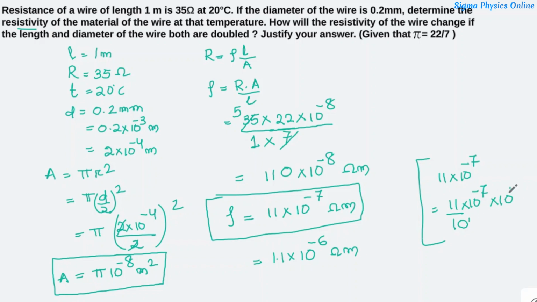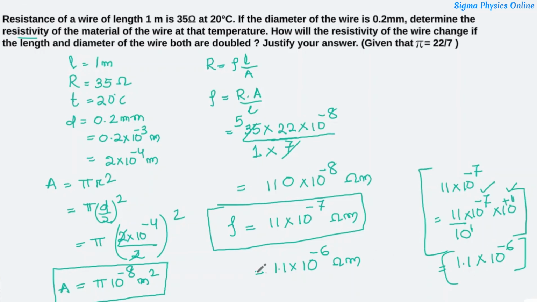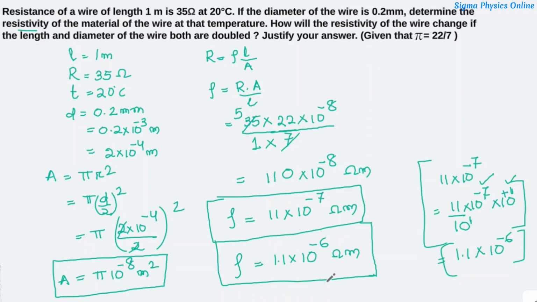Here, multiplying and dividing by 10 to the power 1 in the numerator and the denominator, we get it as 1.1 into 10 to the power minus 7 and that 10 to the power plus 1 gives us a value of minus 6. So in this way the resistivity value comes to be 1.1 into 10 to the power minus 6 ohm meter. This is the value of the resistivity of the material of the wire at 20 degrees Celsius.